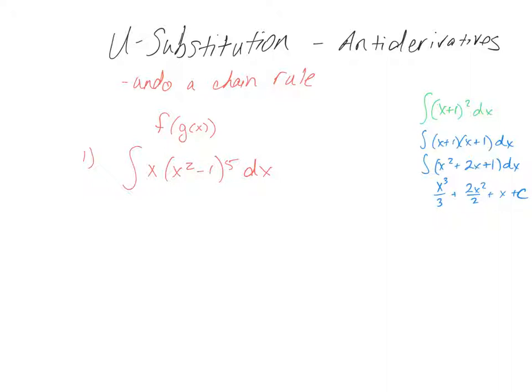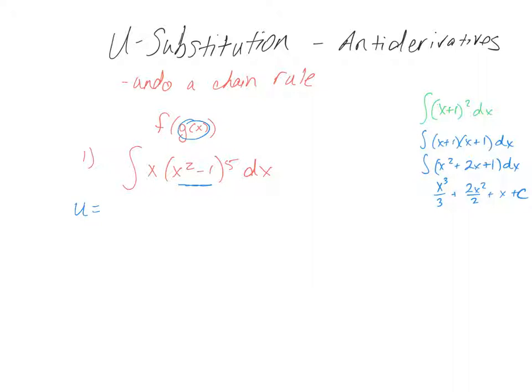What I'm going to do is let u be some sort of function, and generally it's the most complicated function, almost your g of x function. So it's your inside function most of the time. There are some circumstances where it's not, but most of the time it's your more complicated function.